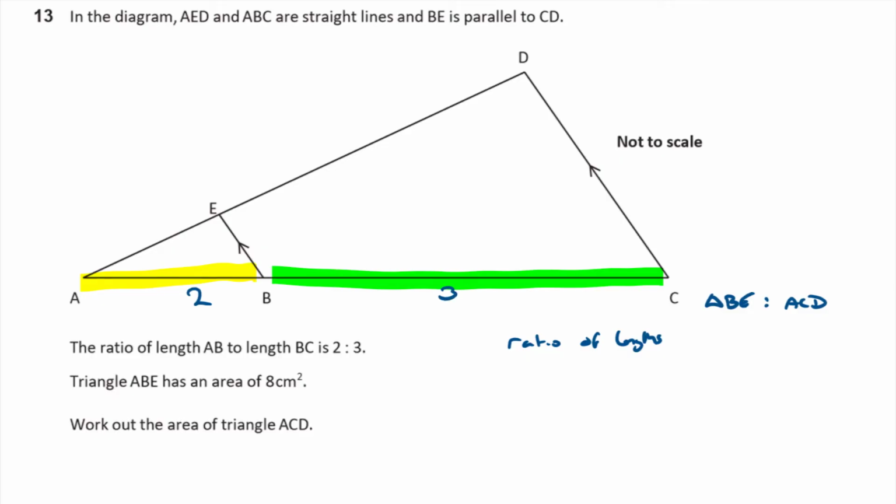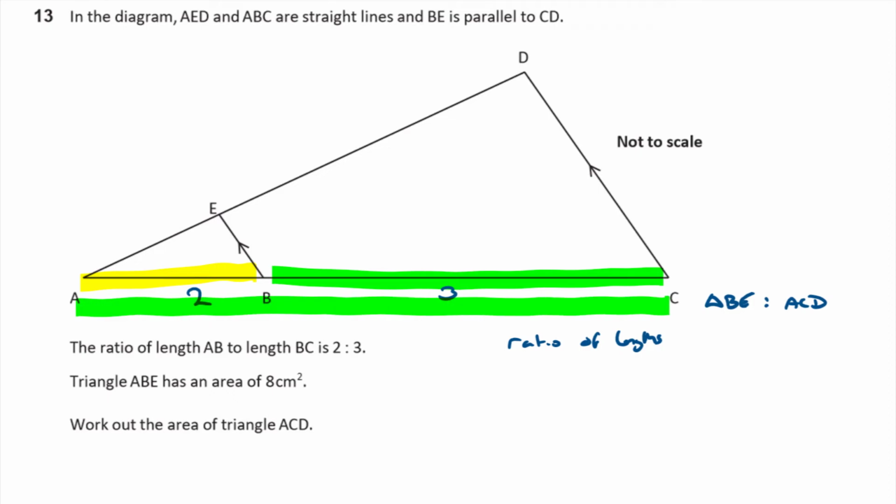So the ratio of AB to AC, remember, if I want to compare the triangles, I have to look at that length, not the B to C, but actually A to C, which is going to be 5 parts, isn't it? Because I've got the 2 parts from A to B and the 3 parts from B to C. So the ratio of the lengths of these two triangles is not 2 to 3, it's actually 2 to 5.